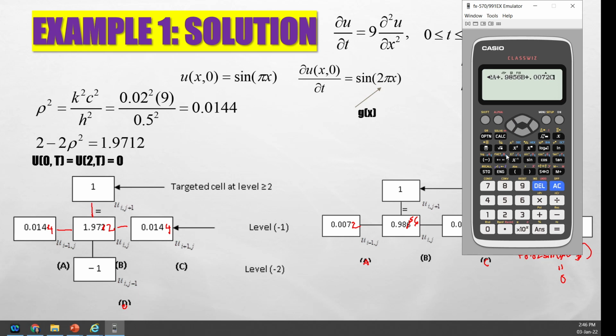I got minus D here, and the coefficient is actually double: 0.0144, 1.9712.